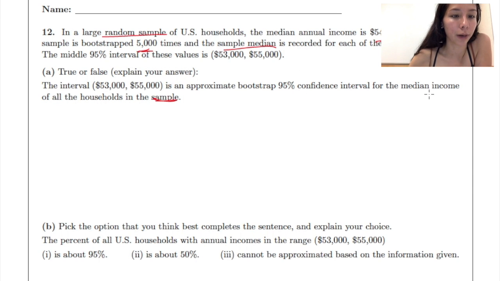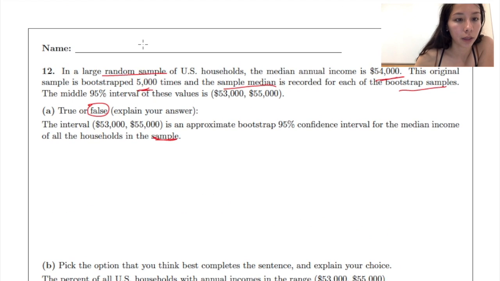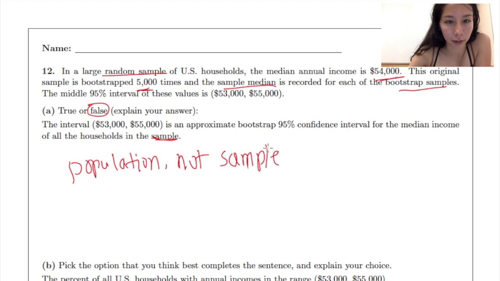That's actually not correct, because this is going to be a bootstrap confidence interval for the median income of all the households in the population. So that is basically the answer to that question.